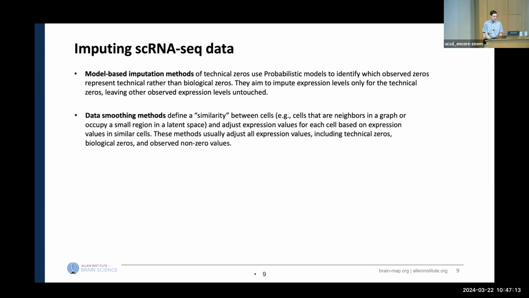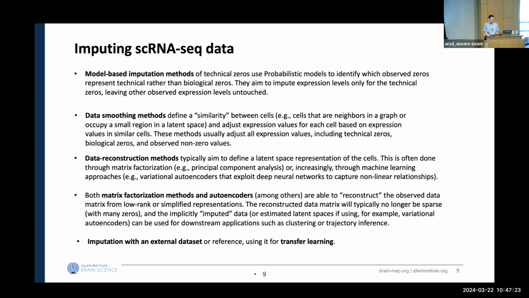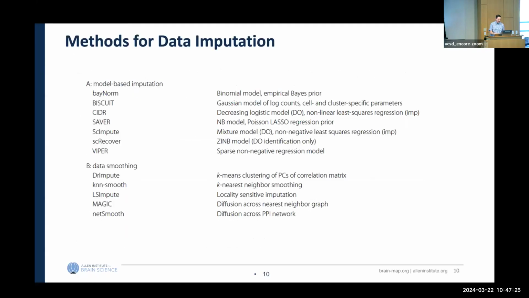There are various techniques for that: data smoothing, data reconstruction, matrix factorization approaches, as I mentioned, and autoencoders. Here's just a list of things; you can go check some of these out if you want to learn about them.